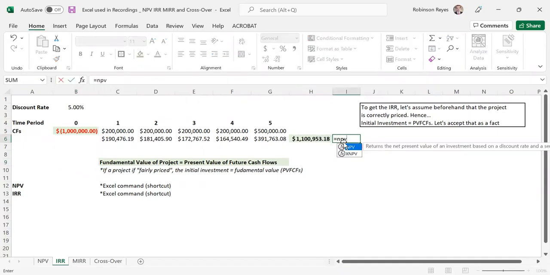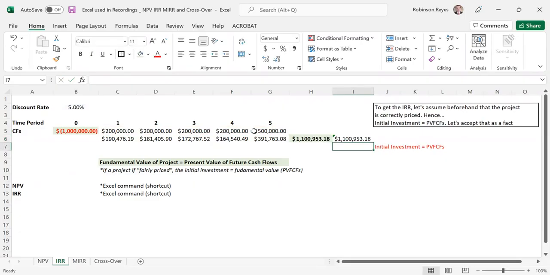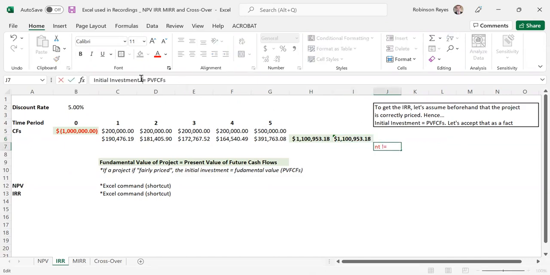We can quickly calculate it with an Excel shortcut, which is NPV, which is not net present value. This is present value of an uneven stream of cash flows. We give the rate, comma, all these values. We close this. Yeah, so it seems we calculated the present value of future cash flows correctly, but this is not equal to the initial investment.